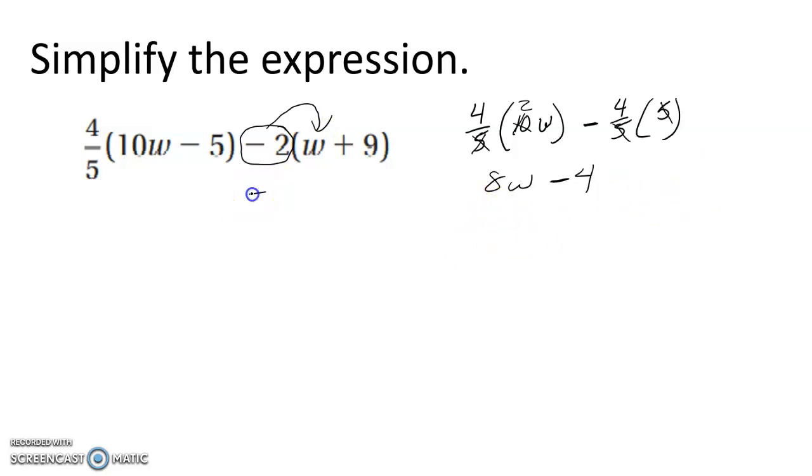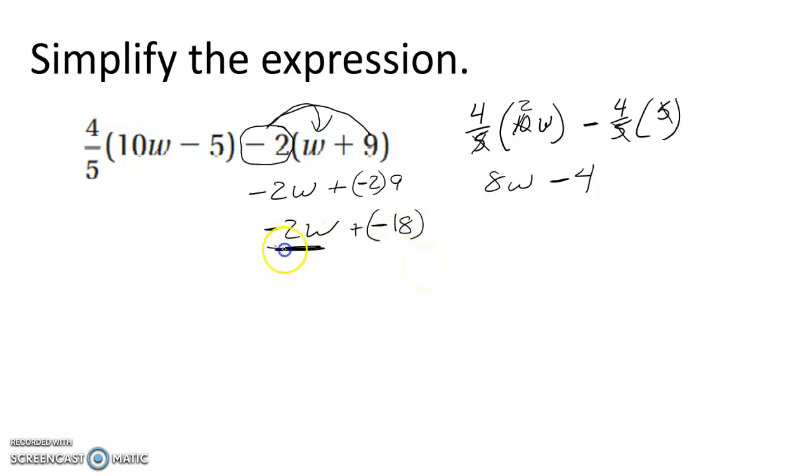So let's do it right here. Minus 2w and negative 2 times 9. So that's negative 2w plus negative 18. Now I'm going to combine like terms.